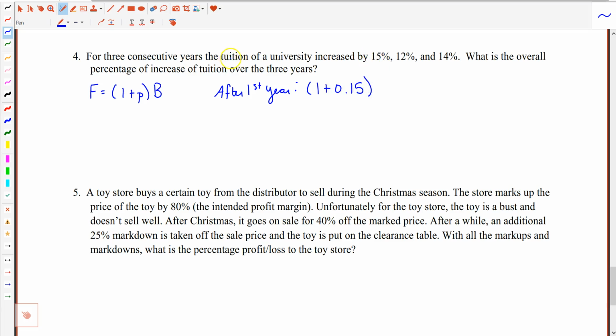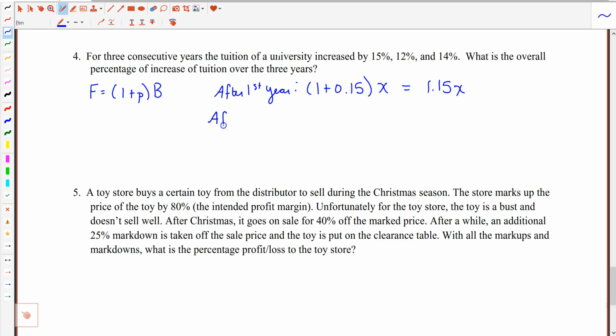And I don't know what that starting amount of the tuition was, so I'll just leave it as x. We're actually going to find that it really doesn't matter what the initial tuition was. We can still figure out what this percentage of change over the 3 years is. So this is what it would be after the first year. If I clean up what's inside the parentheses here, I would get 1.15 times x. Okay, so that'll be after the 15% increase.